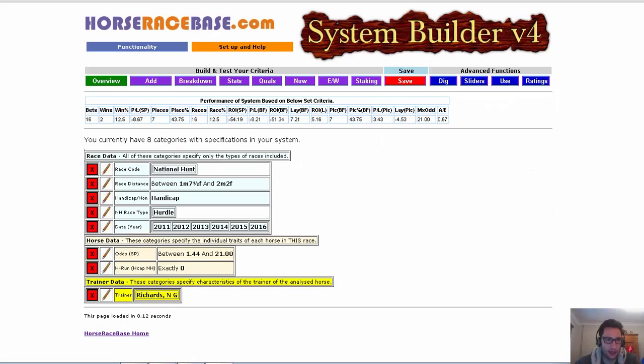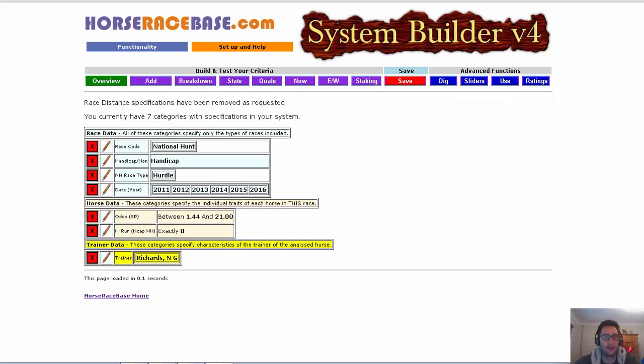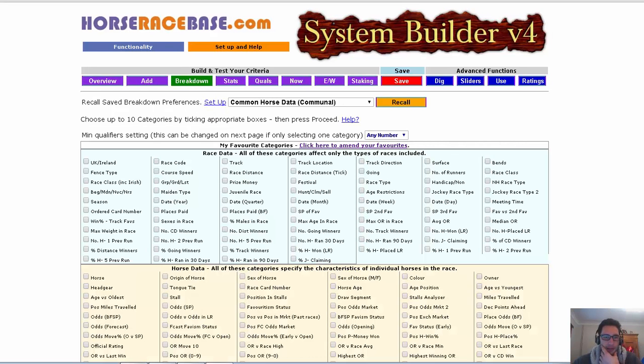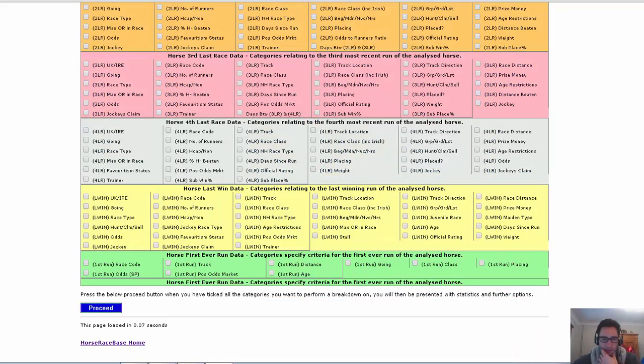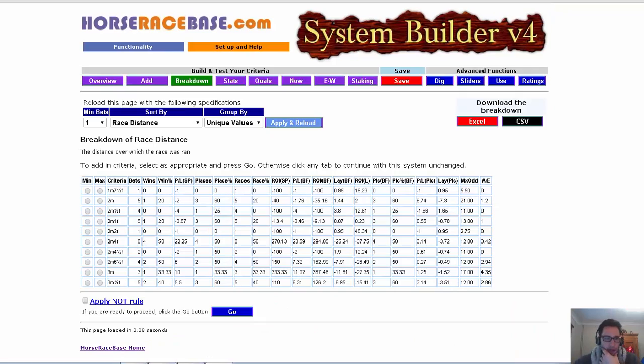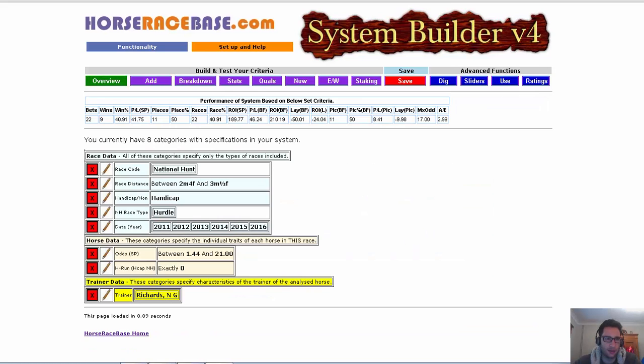Whereas if I remove that, I'm back to that starting set. Break down again by race distance, and we go to 20 furlongs or further. You've got 9 from 22, 11 places, performing well above market expectations.